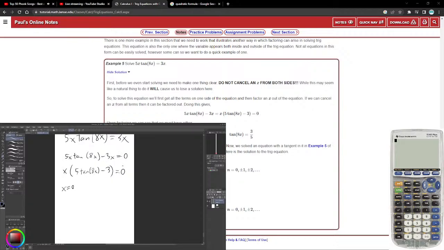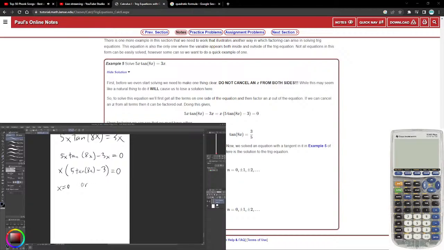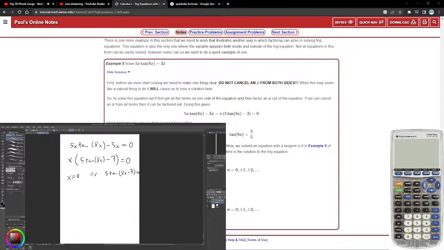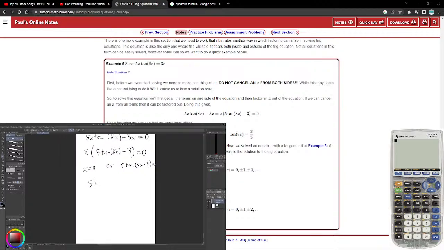Because of that one rule, I forget. 5 tan 8x minus 3 equals 0. So now 5 tan 8x minus 3, or wait, I'm writing this wrong.